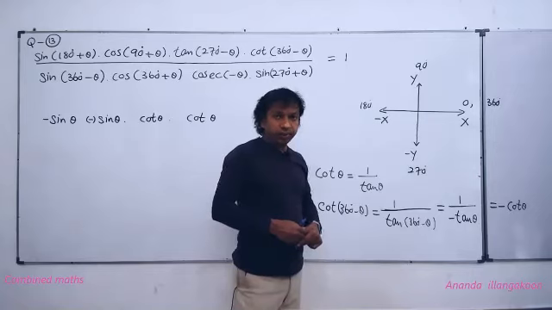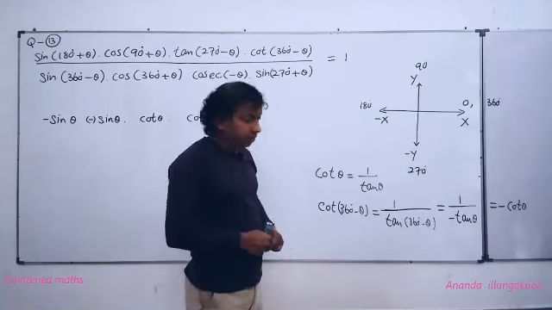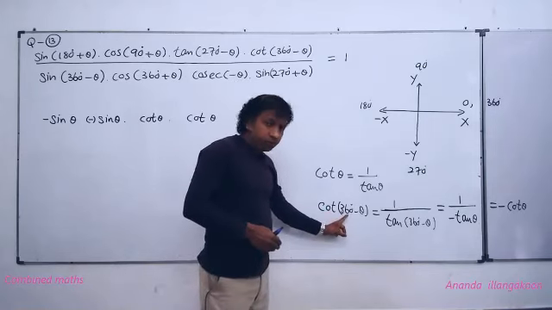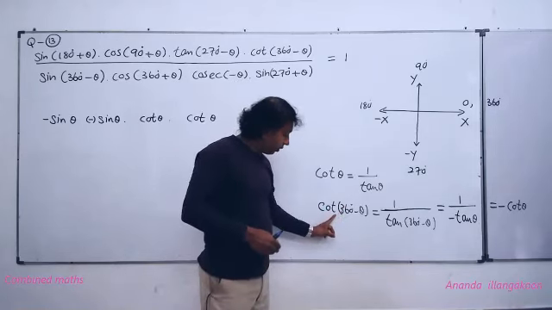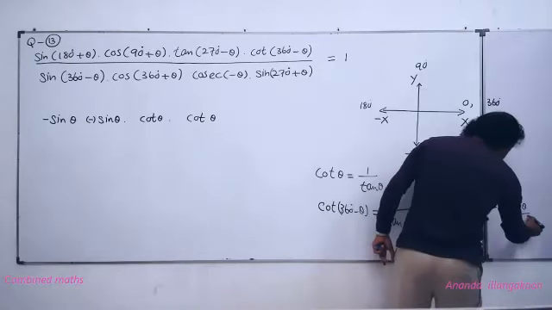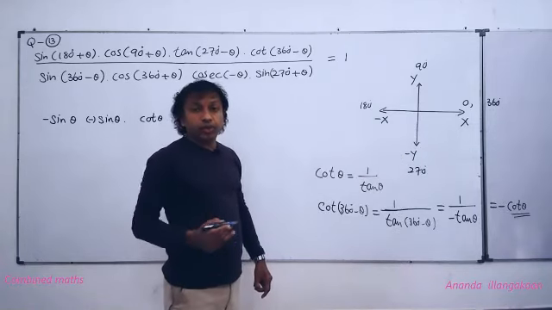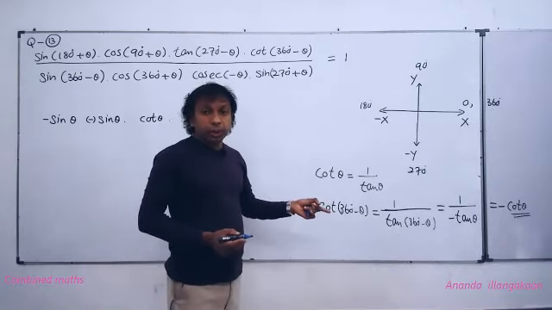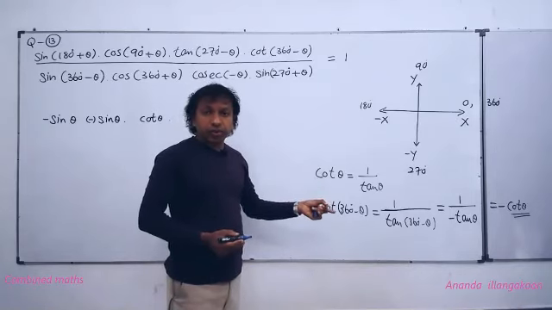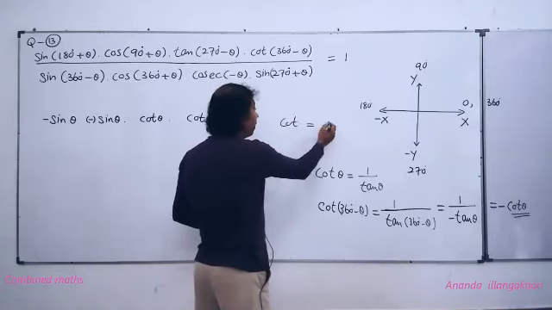After realizing that, the easiest way of getting this answer: the first angle is on the x-axis, therefore the ratio doesn't change. We write cot theta. This is written first. Then we determine the sign of cot in the fourth quadrant. Cot means 1 over tan, no?